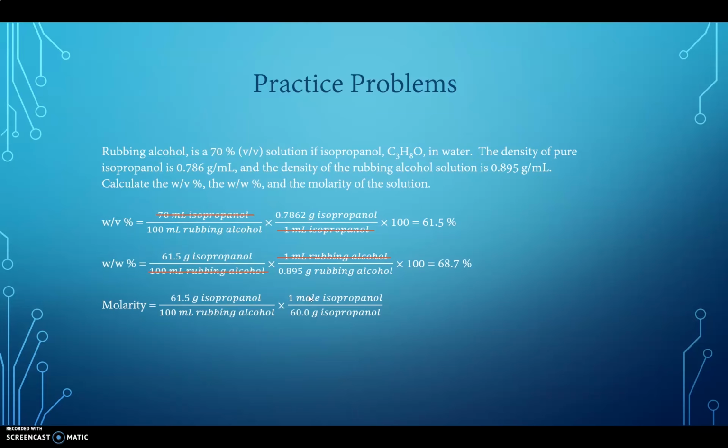So we've got the top where we want it. Now we need to do the bottom. We need to change the milliliters into liters, so we have our 1,000 milliliters per liter.